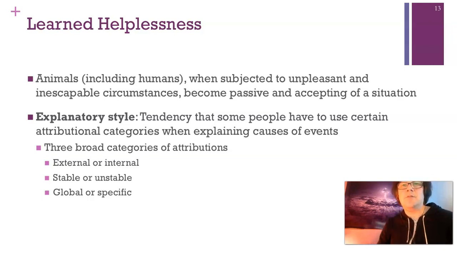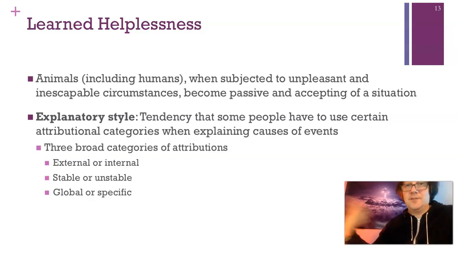Or it could be unstable, meaning they don't usually act this way. So this type of attribution is a stable type of behavior, something we expect from them, or something unexpected and not necessarily stable.